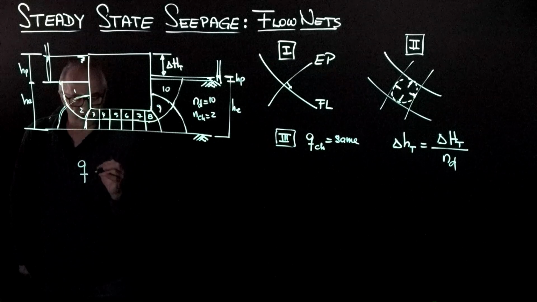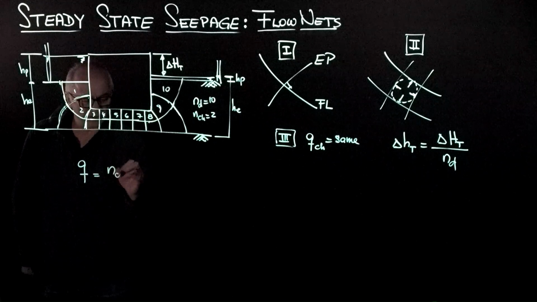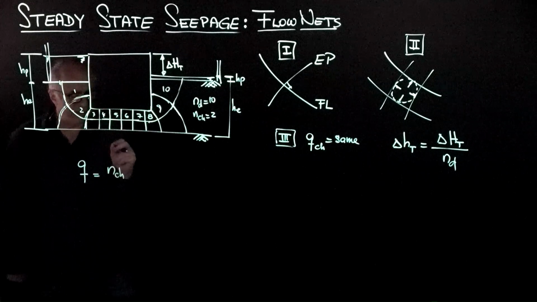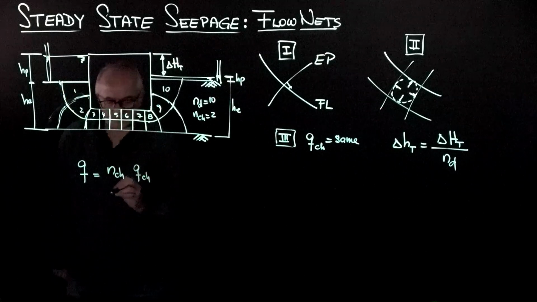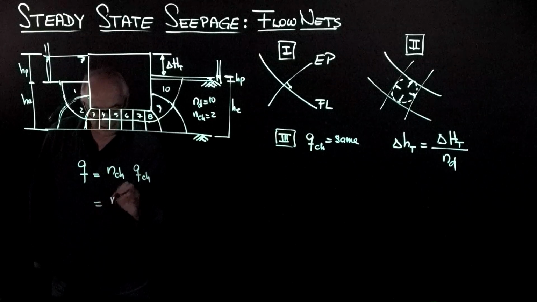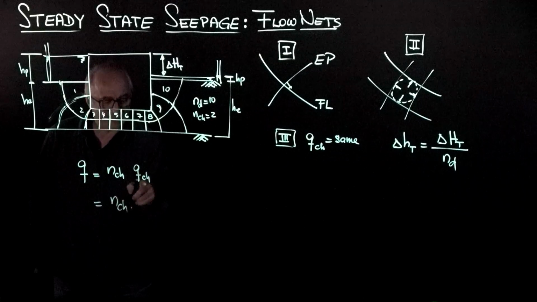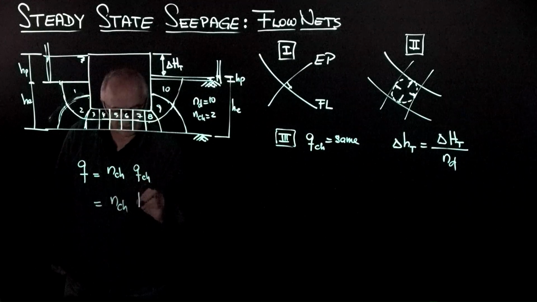The rate of loss of water is equal to the number of channels times the flow rate in each channel. Now, the flow rate in each channel is KIA, where K is permeability.